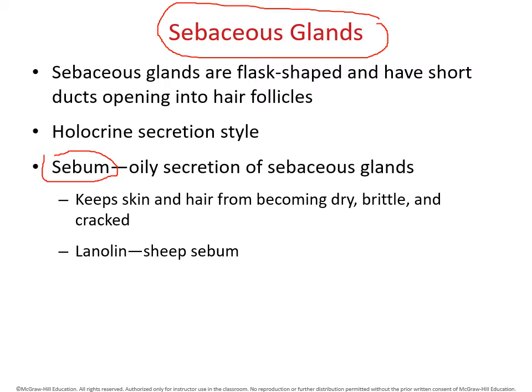If you don't wash your hair on a day-to-day basis, or depending on your hair texture, sometimes it could be weeks that you can go without actually washing your hair, one thing that you might notice is that at certain points, your hair will turn a little bit oily, and you'll feel it on your scalp. That oil that you're feeling is due to the sebaceous glands. Its main purpose is to lubricate the skin and the hair so it doesn't become dry or brittle.